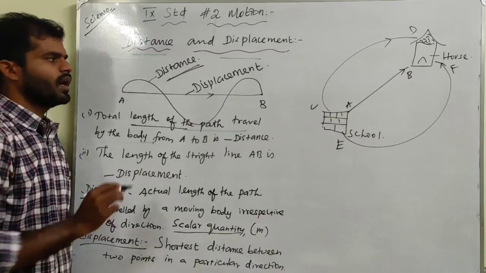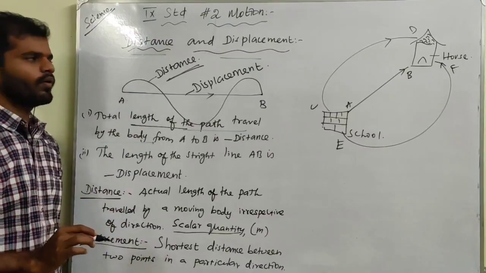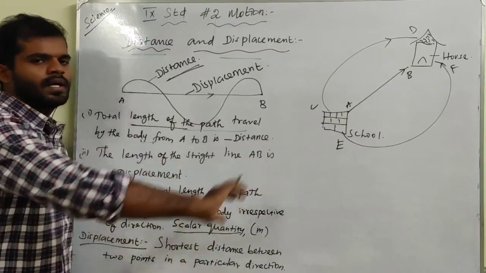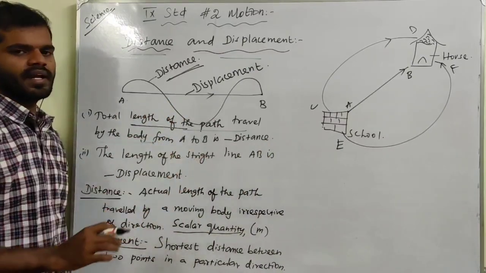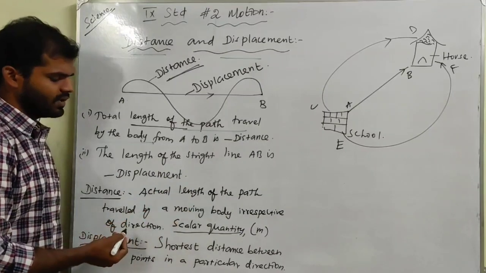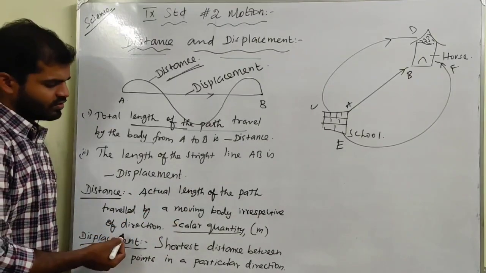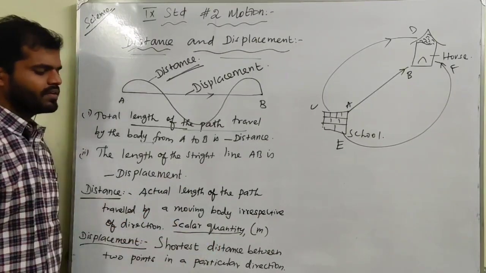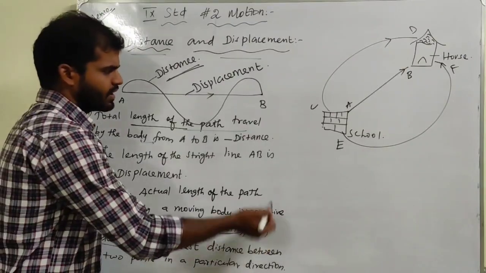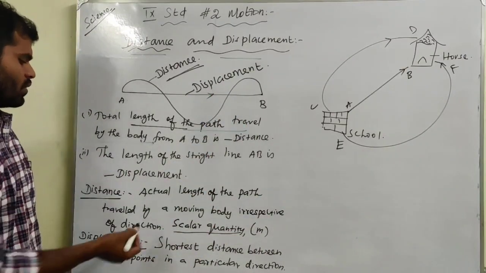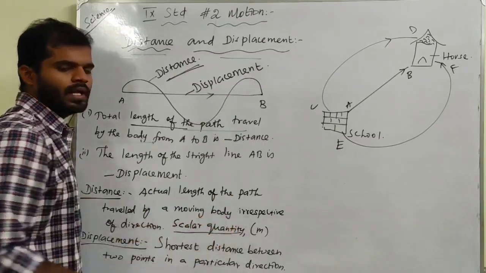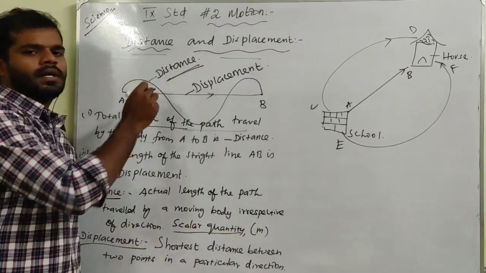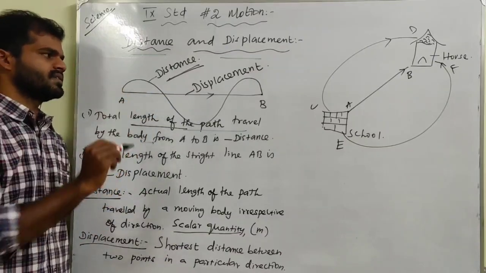Because it will not show the direction. It only shows the value of the distance, the actual length. So that is called a scalar quantity. SI unit is meter. So the actual length of the path traveled by a moving body irrespective of the direction is called distance.